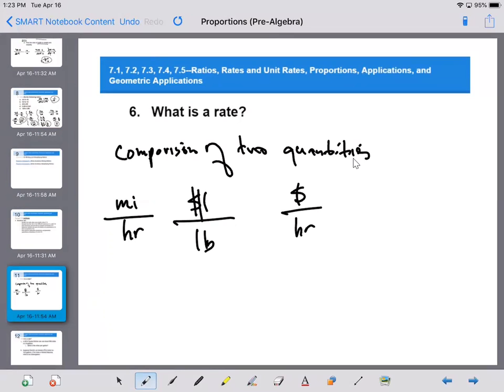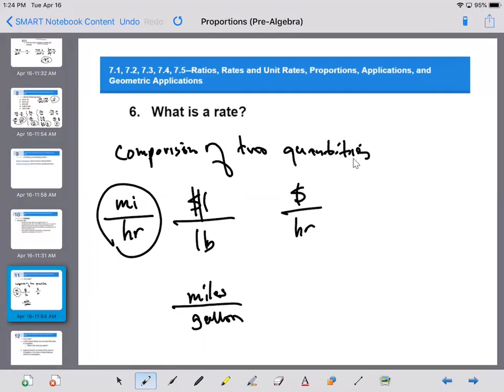So again, you could do your distance over time. That's kind of like miles per hour. So any type of measurement where we can compare two quantities. We could do miles per gallon.